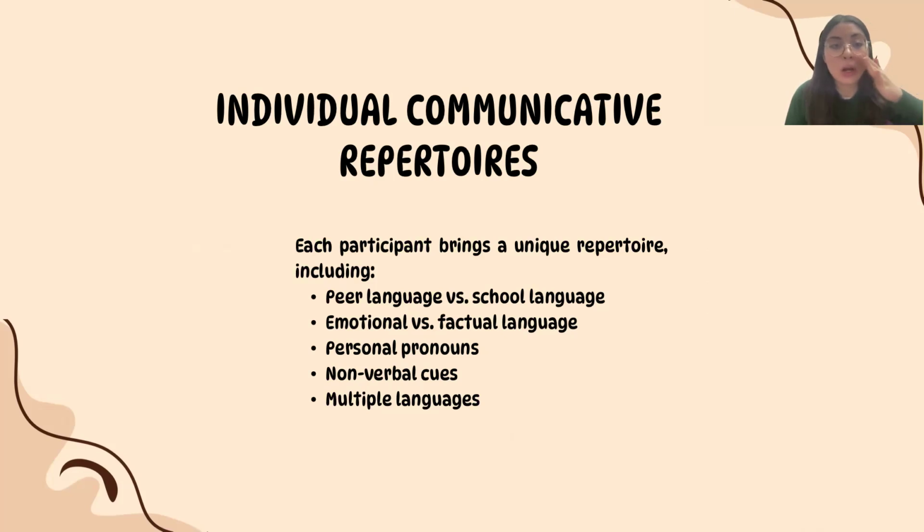Because of that, these strongly influence which kinds of language are acceptable. And also we have emotional and factual language. Sometimes emotional language is suppressed, and emotional language includes explicit feeling words, for example love, hates, personal involvement.